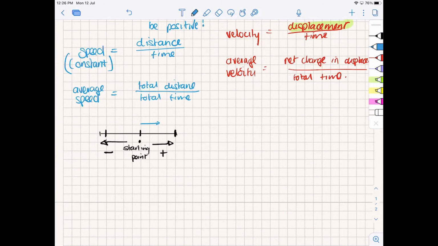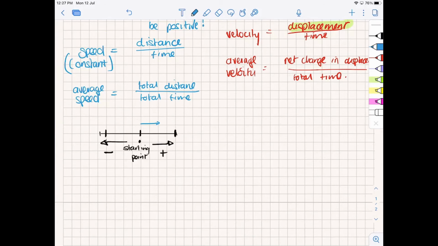What would his displacement be, Twaya, from his starting point? Remembering that displacement has both magnitude and direction.